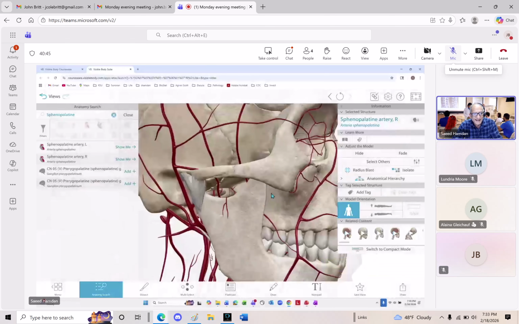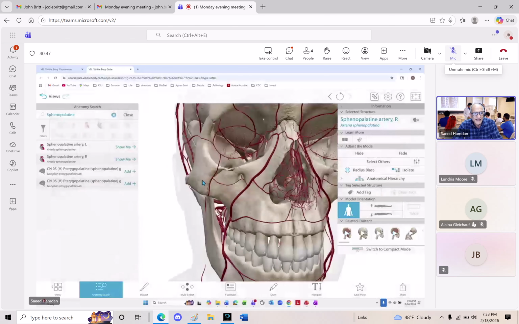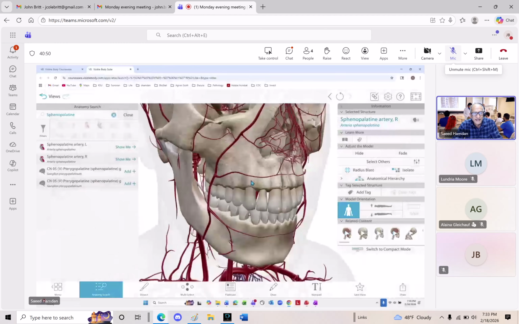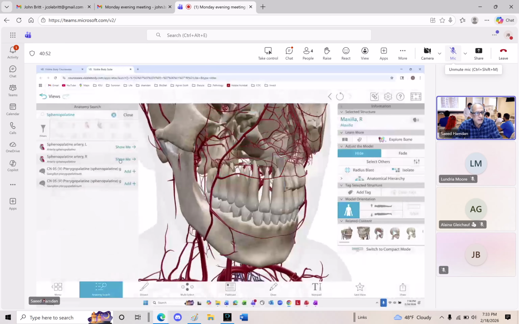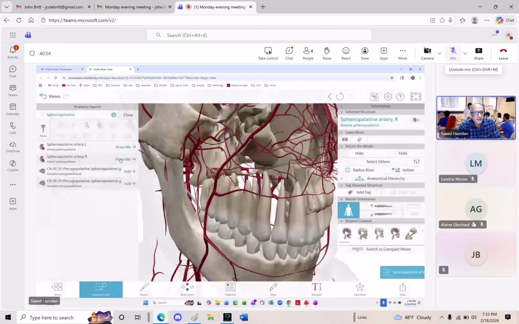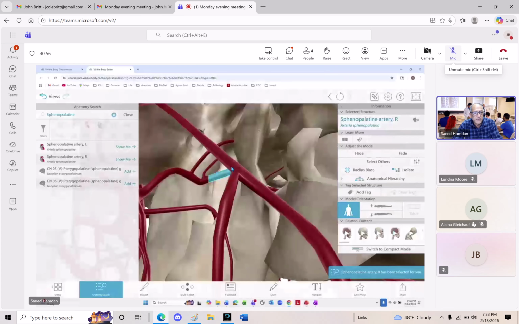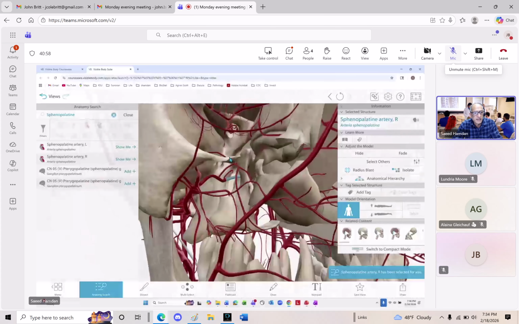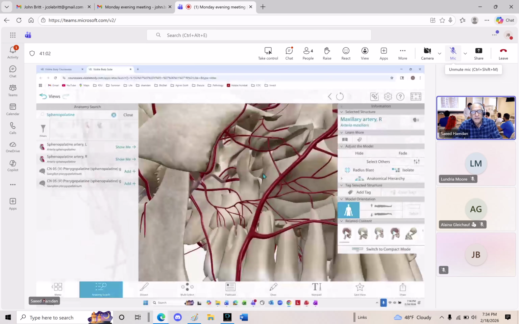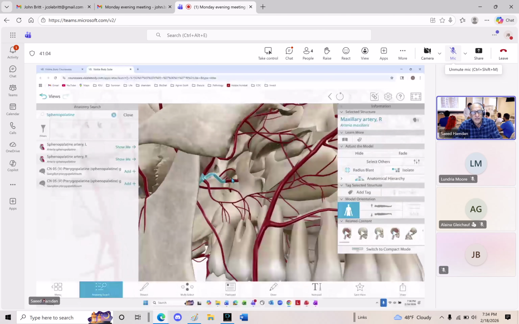I don't see it. Unless, let's remove the maxilla. It's right there. If you remove the maxilla, then you'll be able to see it. As you can see, it comes from the maxillary, but it's very deep. So it's a maxillary branch. They're all maxillary branches, but it's very deep.